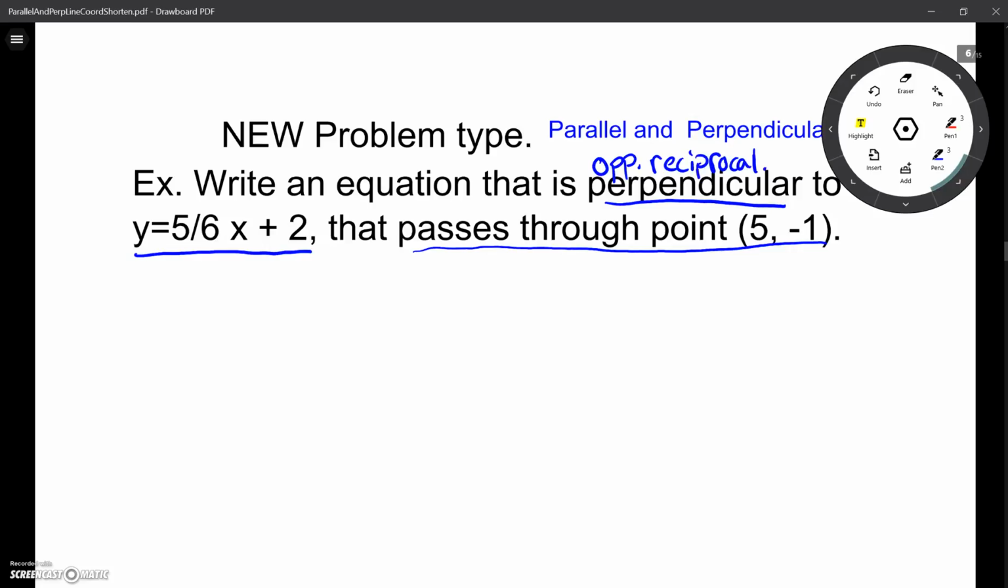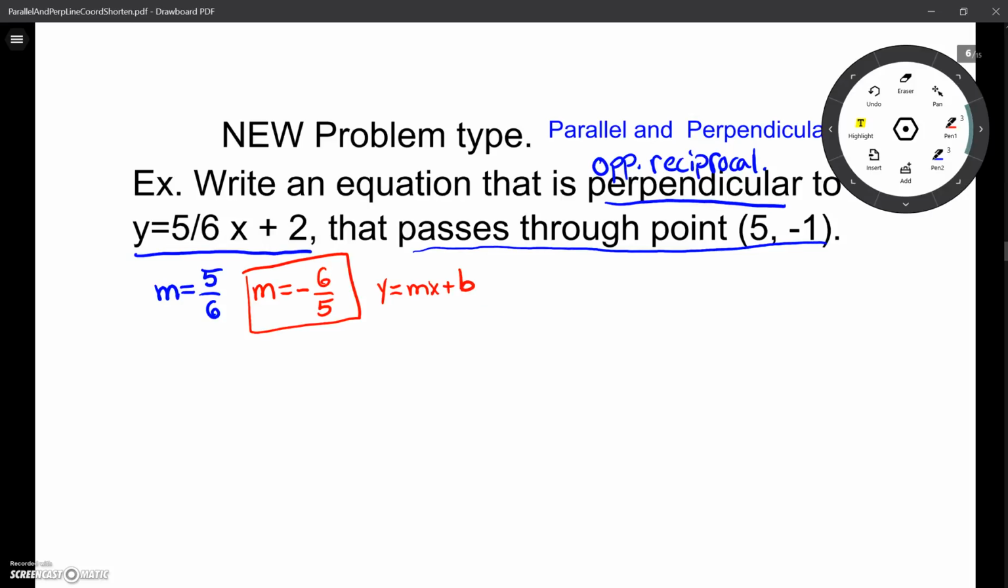So if I take a look at this given line, my original slope is 5 over 6, because that's the number that's being multiplied by x. So the slope for my new line has to be an opposite reciprocal. The opposite would be negative, and the reciprocal would be 6 over 5. So this is the slope of my new line in the form y equals mx plus b.